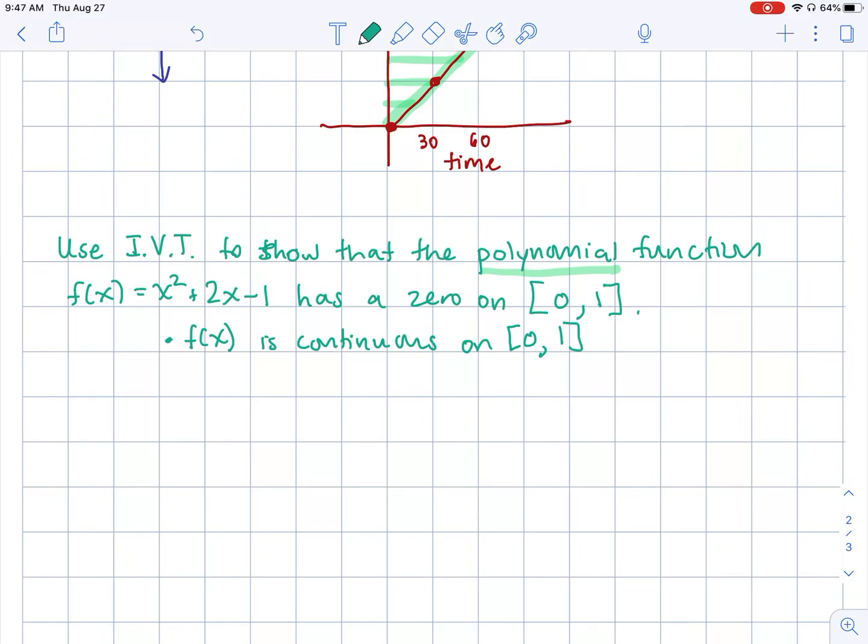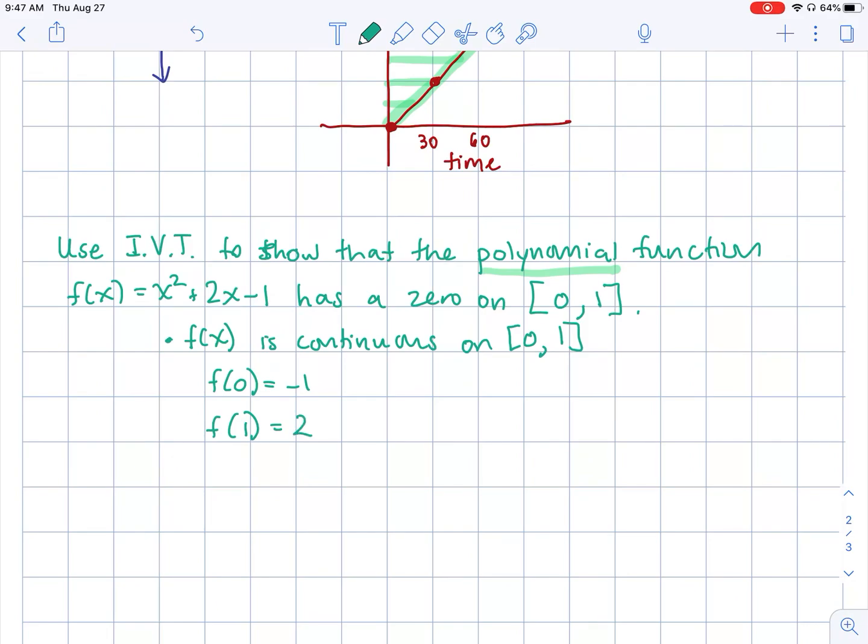First, let's find out, what is f of 0? What is the left endpoint here? If I plug 0 into x squared plus 2x minus 1, I get a value of negative 1. If I plug 1 in, which is the right endpoint of my interval, I get 1 squared plus 2 times 1 minus 1, which is 2.